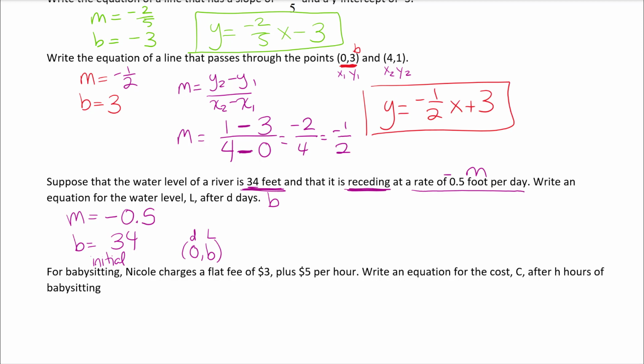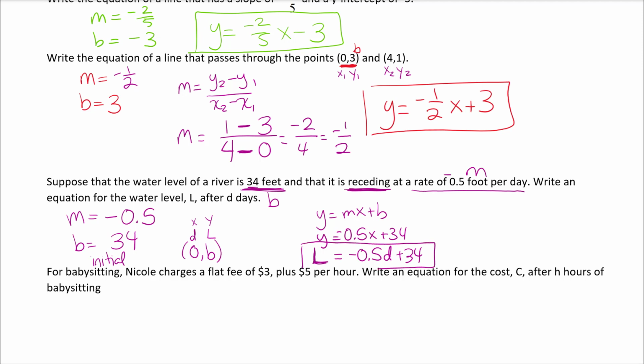So I know a lot of students want to write y equals mx plus b, where my m is negative 0.5x plus 34. But we aren't using x and y. We're actually using L and d. And so my L replaces my y, so that gives me the level of the river equals negative 0.5 d, for every day it goes down half a foot, plus 34.